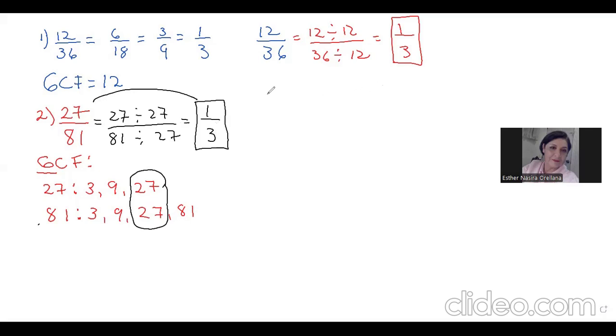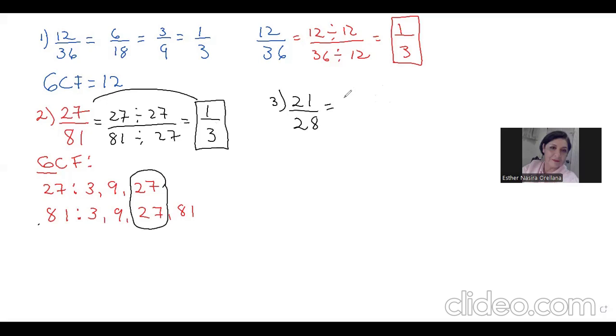Another example. Let's do example number 3. 21, 28. If you remember, 21 and 28, both numbers are in the table of 7.